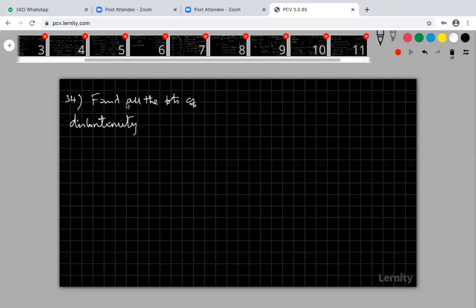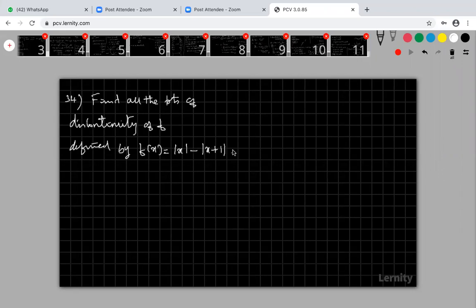Find all the points of discontinuity of f defined by f of x equal to modulus of x minus modulus of x plus 1.